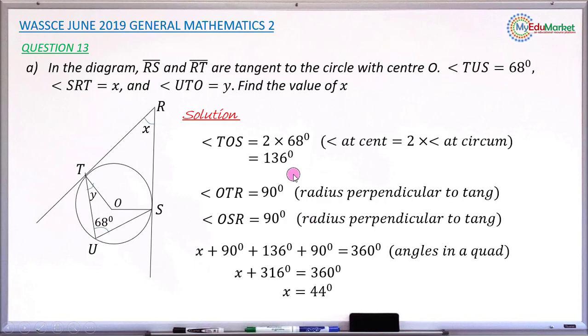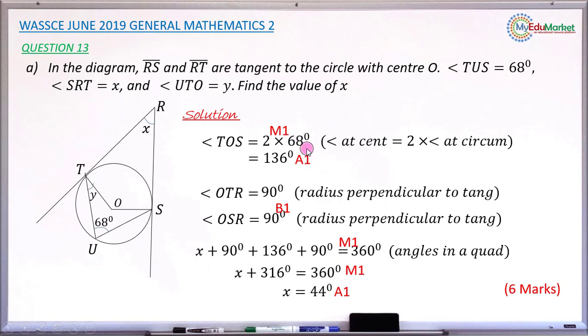So let me share with you the mark distribution for this question as it is in the marking scheme. The very first mark is the method 1 mark, by using the theorem angle at center twice angle at circumference, when you multiply 68 by 2 in an attempt to get the angle at the center, you have this method 1 mark.